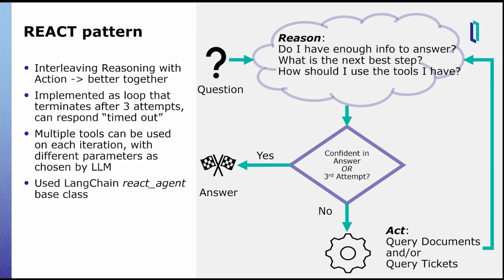And so we switched to using more of what's called the ReAct pattern. It's really just a loop where the large language model first does some action based on the question. It gets some information back from tools that it uses, in this case querying documents or querying tickets.